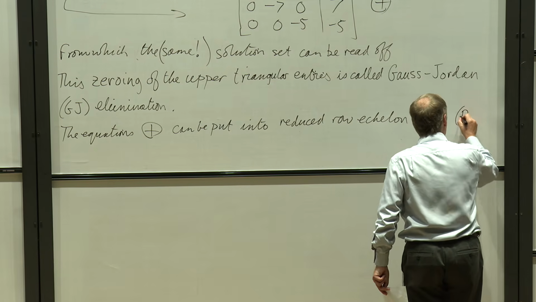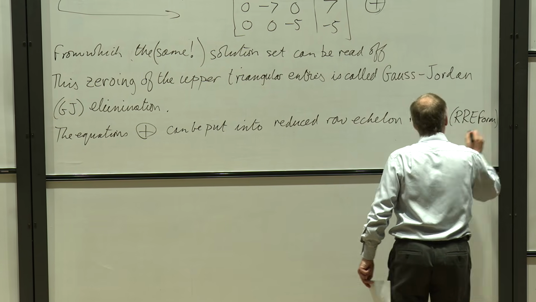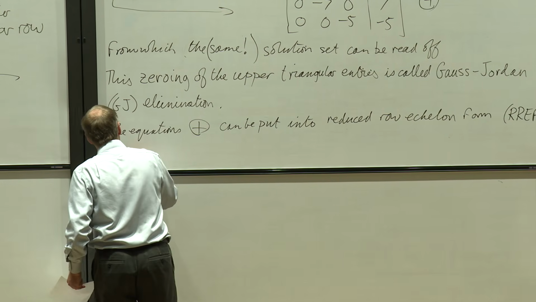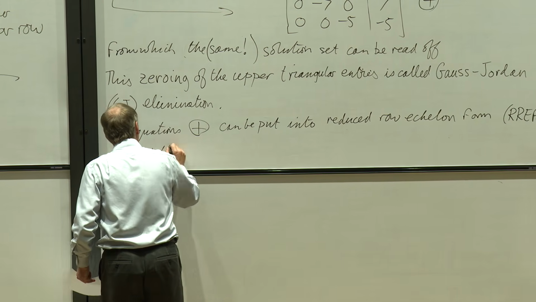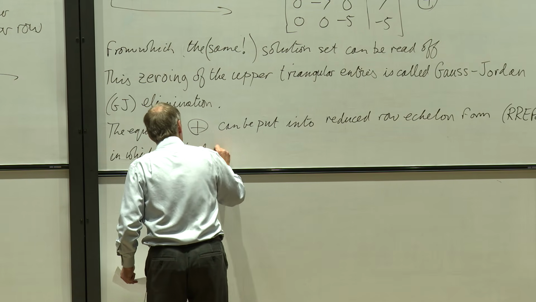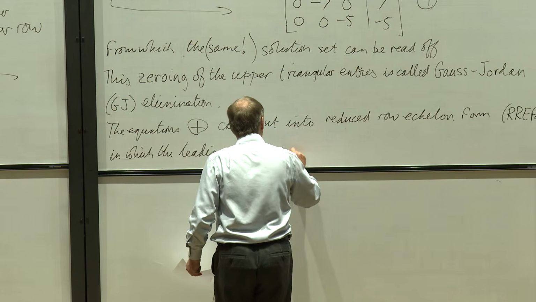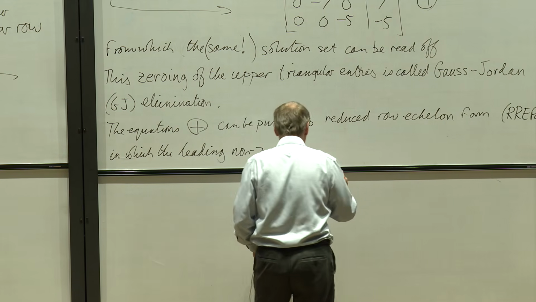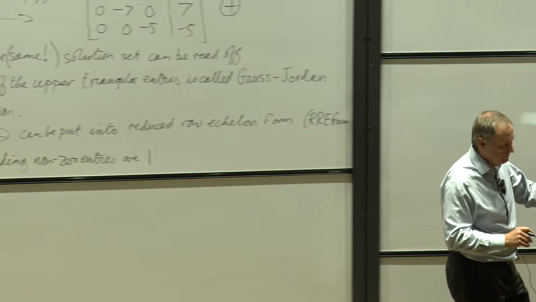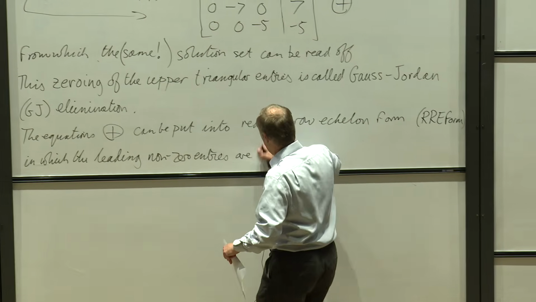I'm going to call it RE, reduced row echelon form, in which the leading entries, or the leading non-zero entries, are 1, I should say in every row.